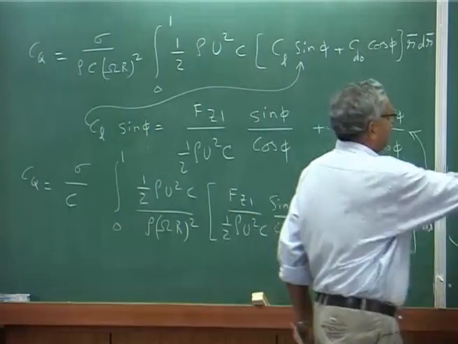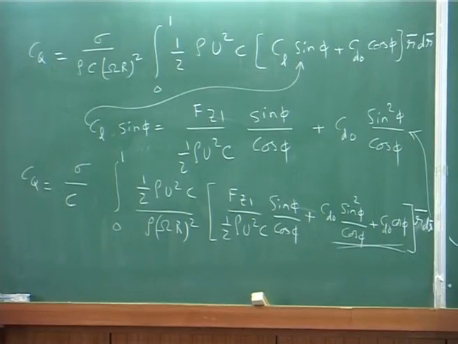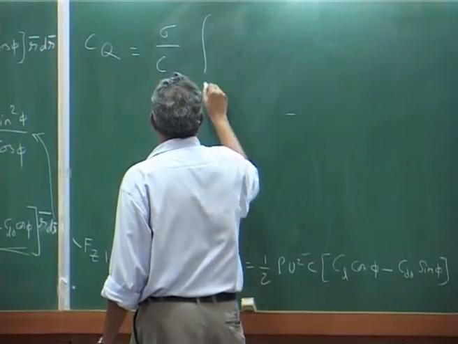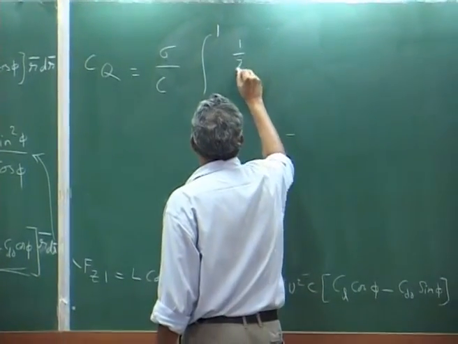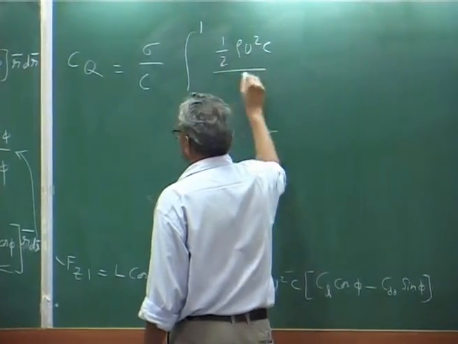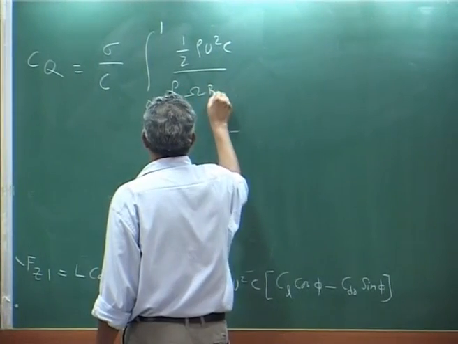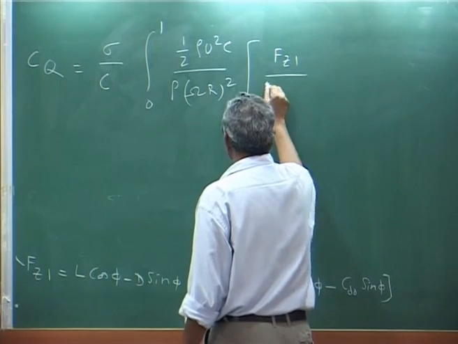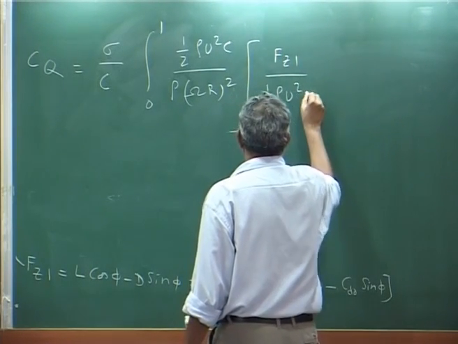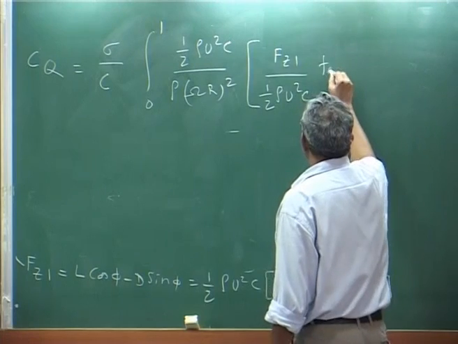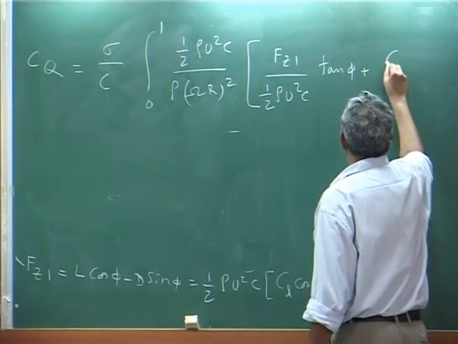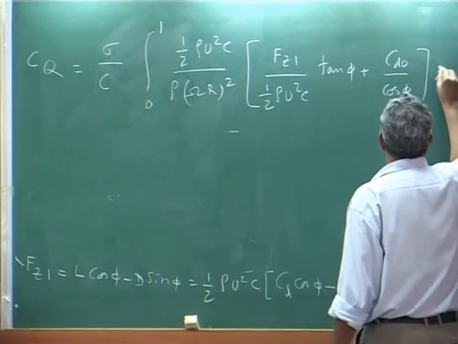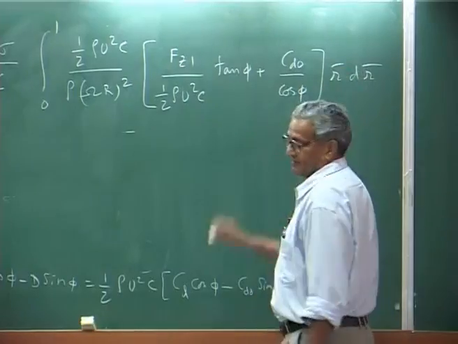So your C_Q will become sigma over C, half rho u square C over half rho u square C, this is tan phi plus C_D0 over cosine phi.